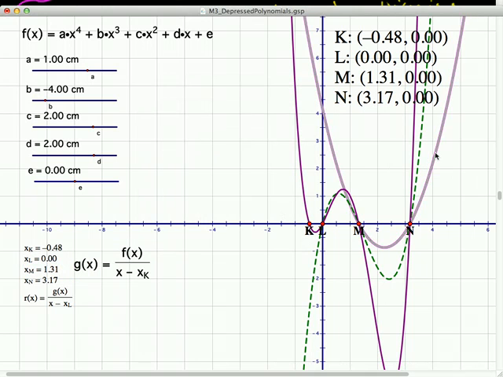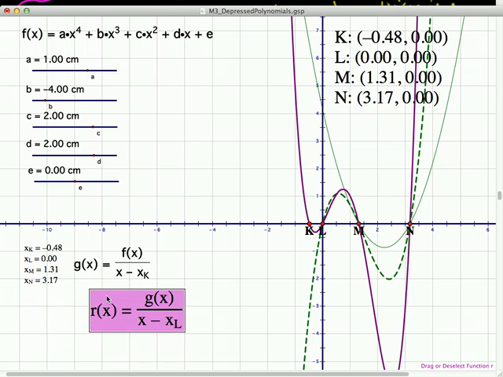What do you know? I get a 3rd level of depressed polynomial, and it happens to pass through the other 2 points that I don't yet know. Let me make that thicker and we'll give that a color blue.